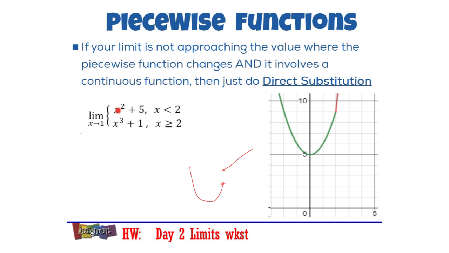And so when you put 1 into this, you'd get 1 plus 5, so that limit would equal 6. And so you can see over here, as x is 1, it comes up to here. Yep, that y value is a 6. You would not be getting the same thing if you plugged into the second one. See how that would only get you a 2, because you would be using the wrong function. And at that spot, they're not matched up.